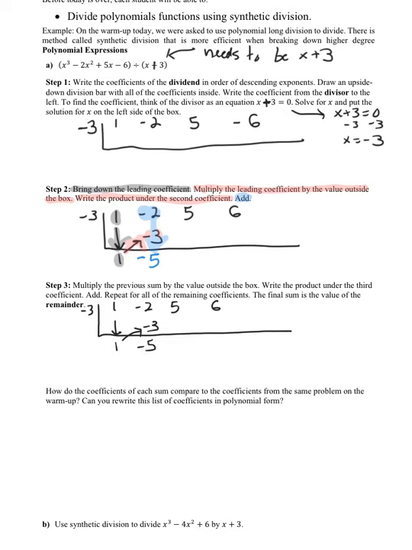I'm going to repeat it. I'm going to say -5 times -3 is +15. 5 and 15 equals 20. 20 times -3 is -60. And this was a -6, and that gives me -66 down there.